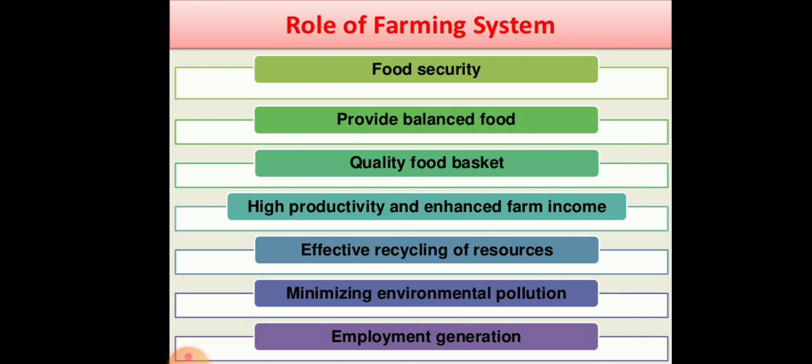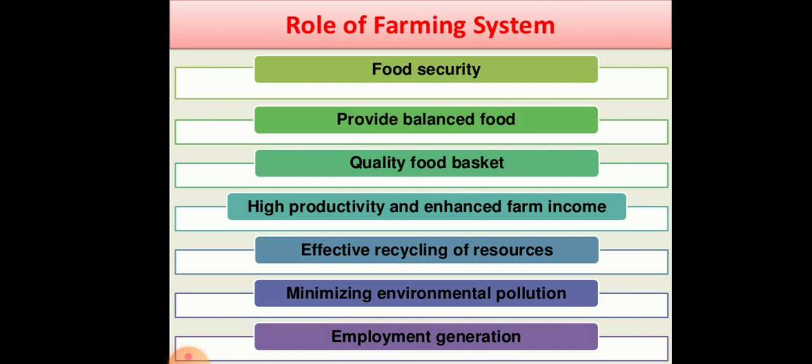Okay. Effective recycling of resources. So what is this effective recycling of resources? We have here also the cycle in farming system. For example, yung tae ng manok ay i-process as chicken manure for vegetables. And the leftovers or the rejects in the vegetables could be used as feed or as a source of food for animals.